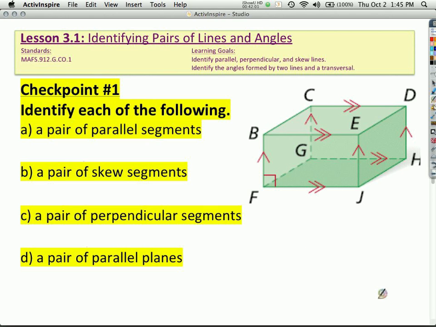Okay, so give me a pair of parallel segments. We've got number 8, 9, 14, and 16. Number 8, give me a pair of parallel segments. What was the second segment? Okay, good. Number 9.